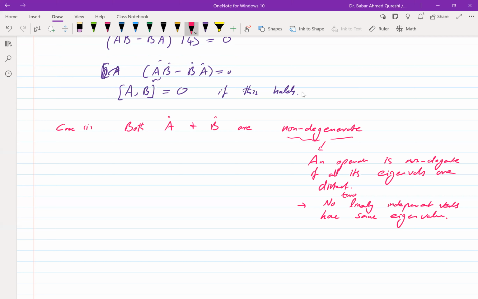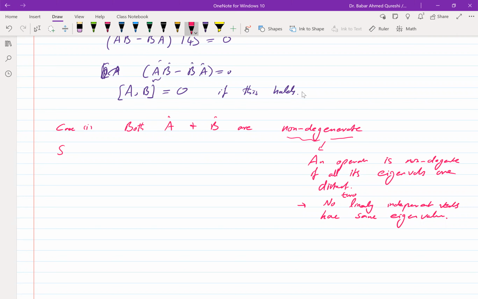So you get a two-dimensional subspace. Similarly, if it's repeated twice, you will have a three-dimensional eigen subspace. If this complication doesn't happen, if all the eigenvalues are distinct, which is many times a case, but not all the time, then those operators are called non-degenerate. So if A and B are non-degenerate, you can prove this theorem very easily.